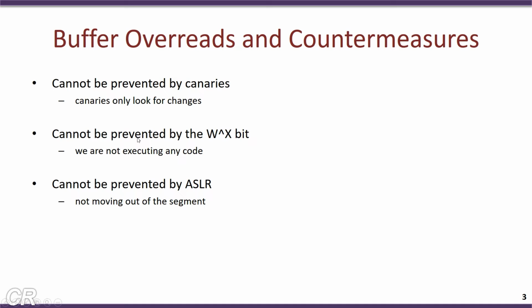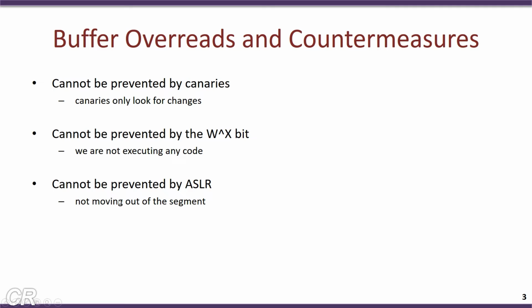This is because the canaries look for changes in the stack, and with the buffer overread, we are not writing or changing anything on the stack, but just reading the contents of the stack. Similarly, with the W XOR X protection mechanism, we are not going to execute anything from the stack, but rather, since we're just reading from the stack, the W XOR X countermeasure will also not work.